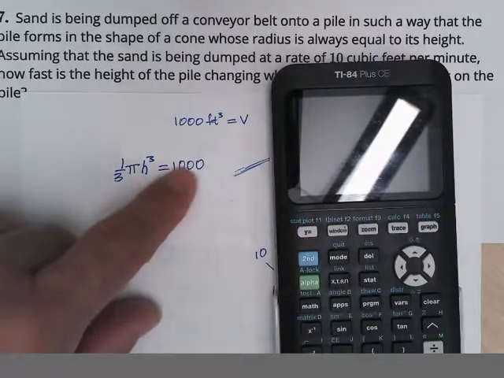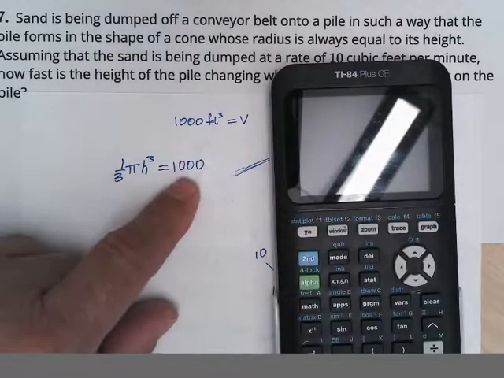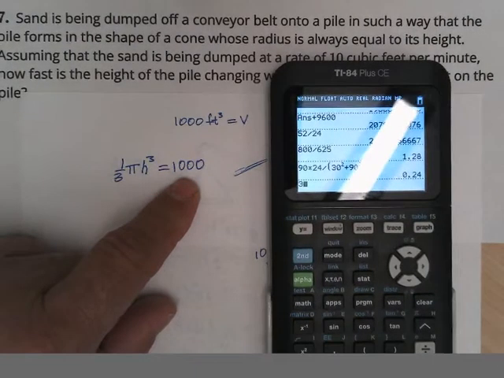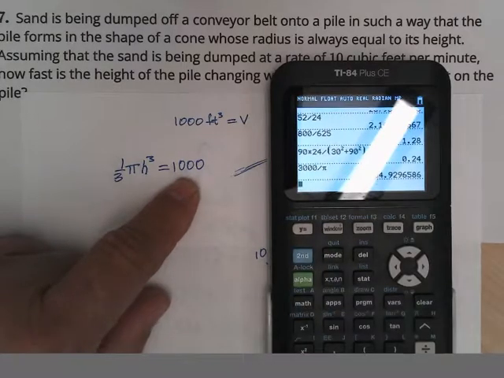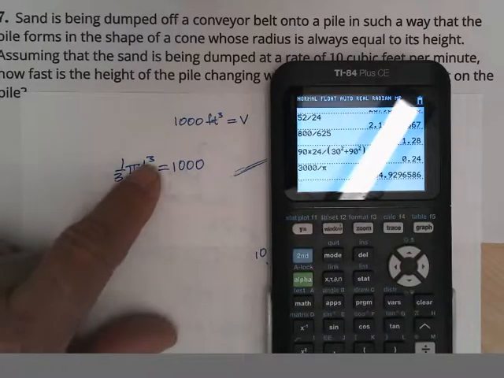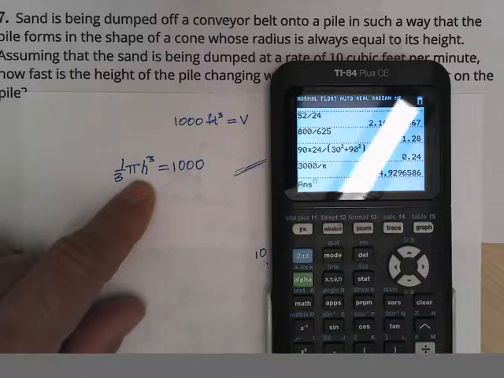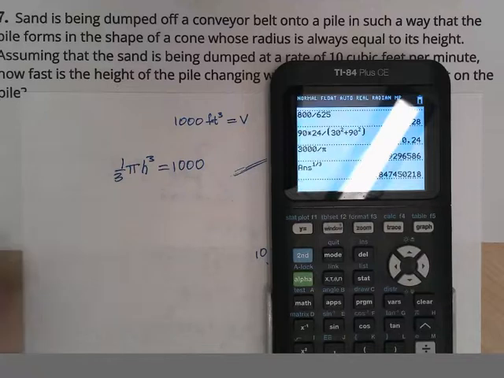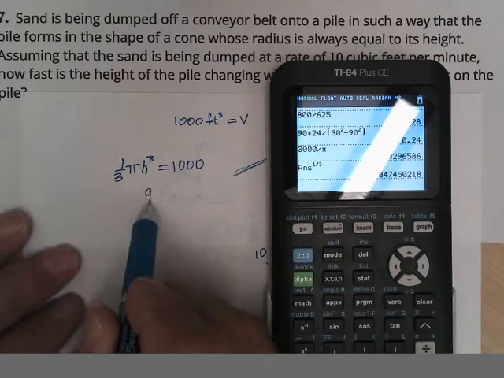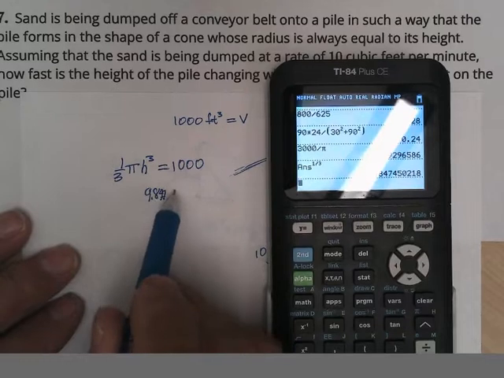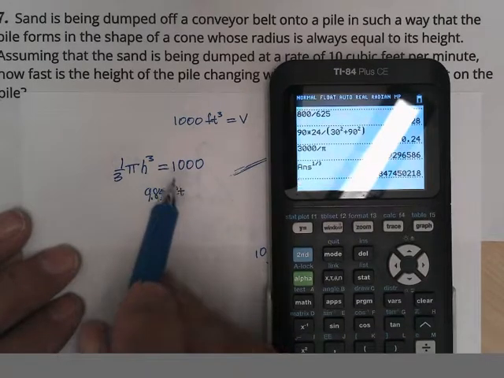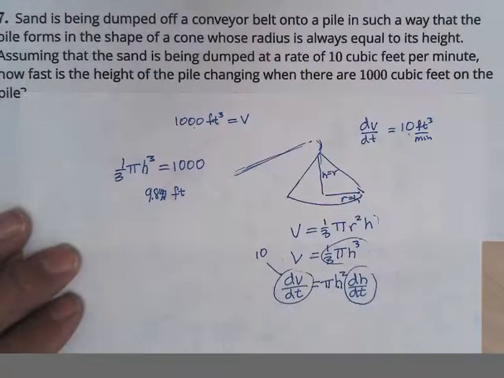I'm going to multiply by 3 and divide by pi, so I get 3,000 divided by pi, and then take the cube root, to the 1/3 power. So h would be 9.847 feet when the volume is 1,000.